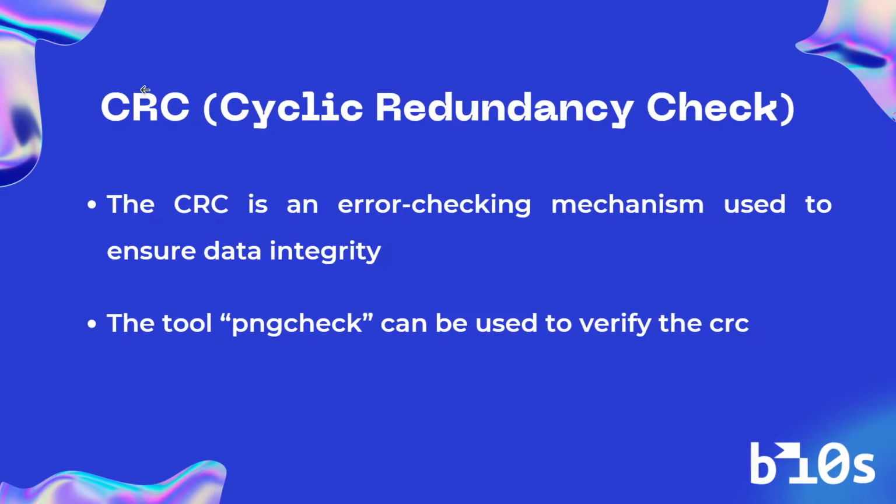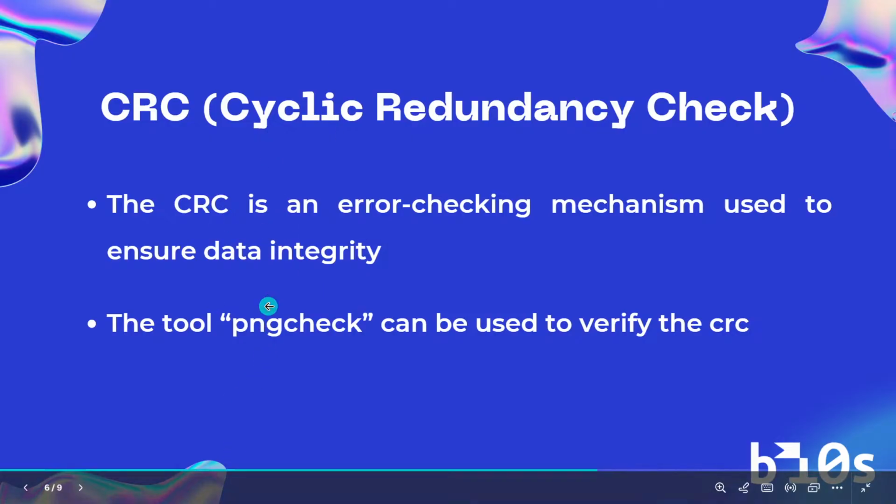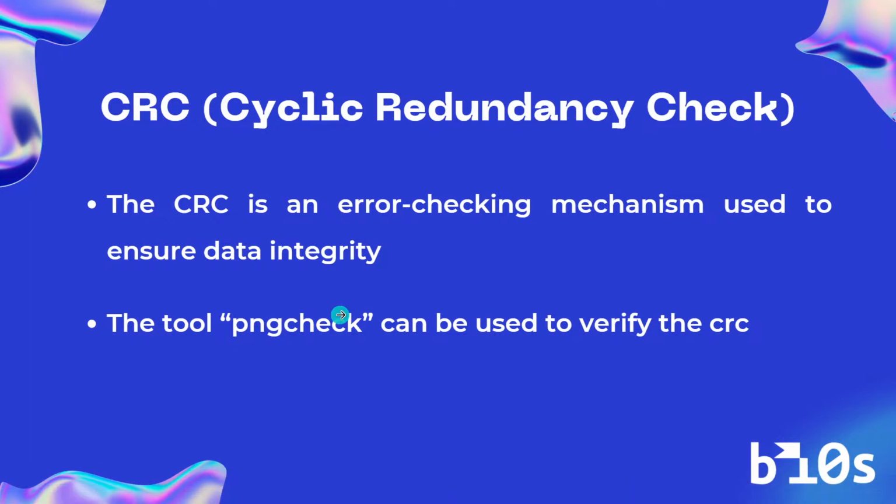That was just the general chunk structure. What CRC really does is it checks whether the data inside your chunk is valid or not. That is what CRC does. And those who have used the tool called PNG check can infer and understand that by using the tool.